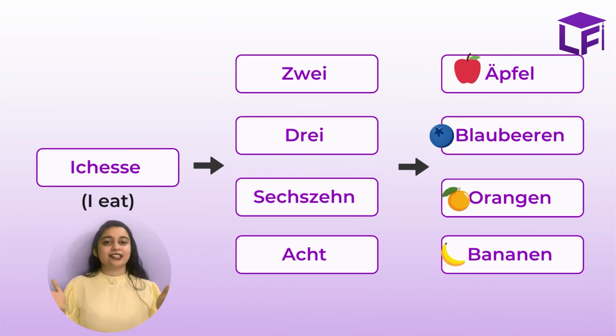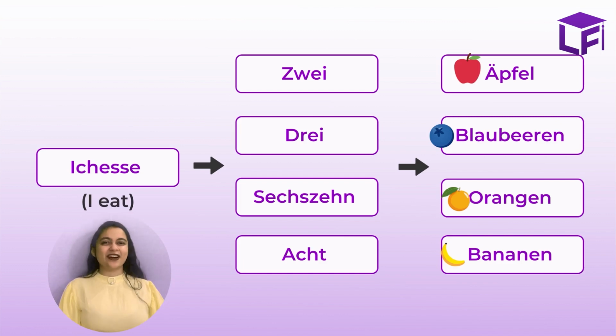I hope that you have understood the structure of what we are going to do right now. Okay, let's begin with it. So, you have to start the sentence by saying Ich esse, then go ahead with the numbers written on the second column, choose your number, and then choose your Obst from the third column.